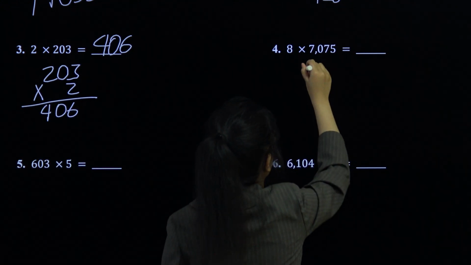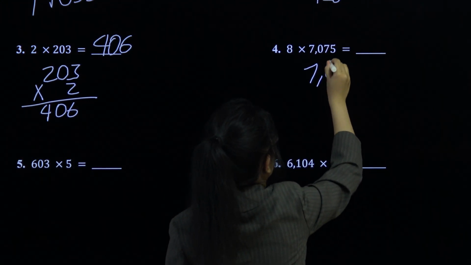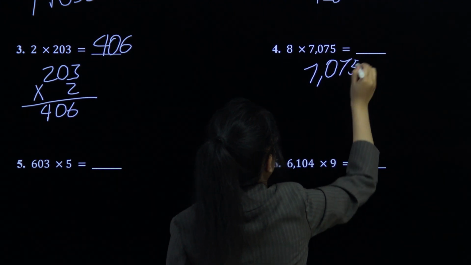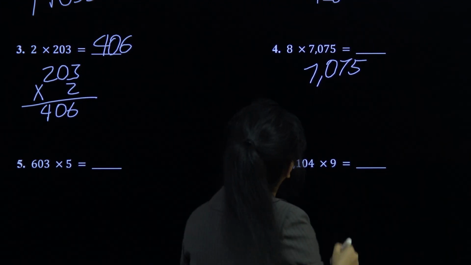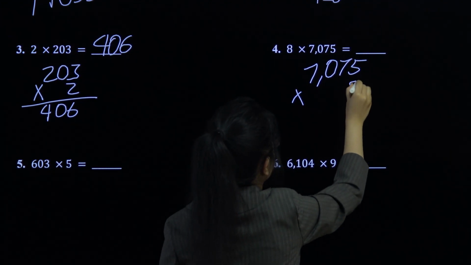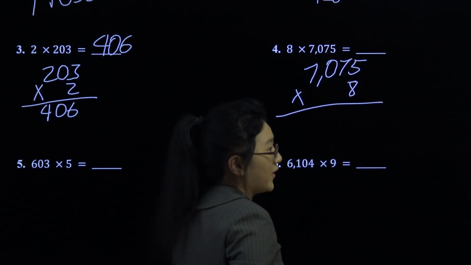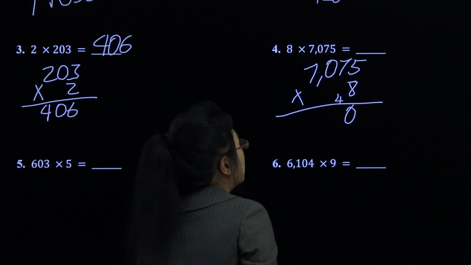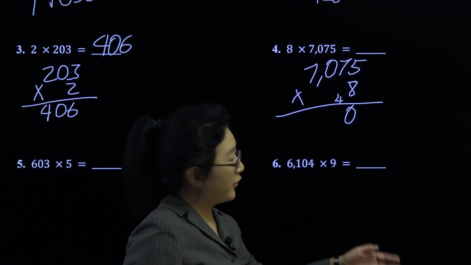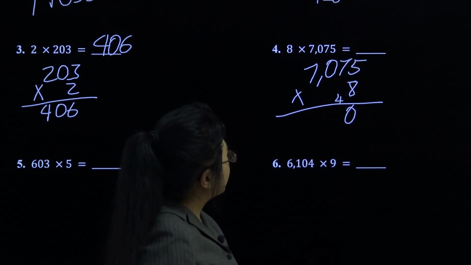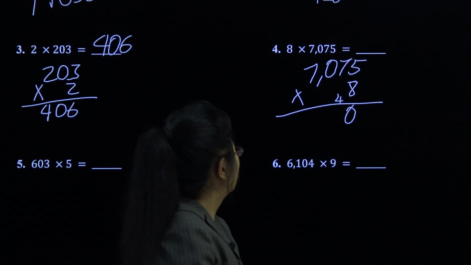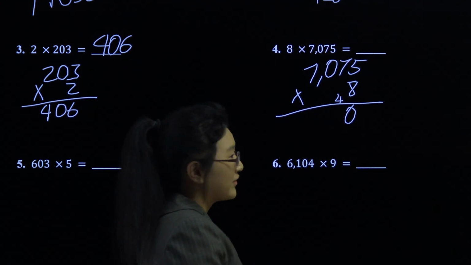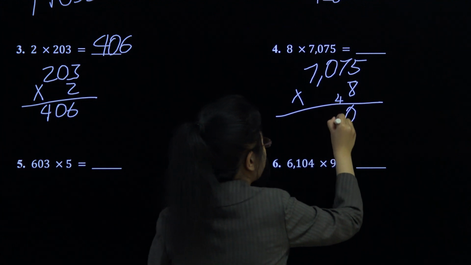Here we have a very big number, as in 7,075 times 8. And then 8 times 5 is 40. You regroup the 4. 8 times 7, oh, 56. 56 plus 4, 60.